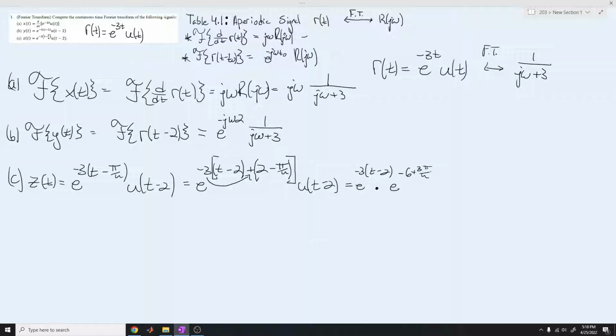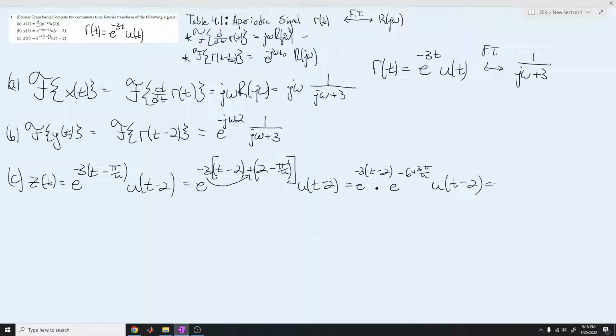So all I did there was distribute that 3 in. And now let's write our unit step there. When we look at this, this is the number. This is the exponential, so 2.71 some change raised to minus 6 plus 3 pi over 4. It's not a pretty number, but it's a number.